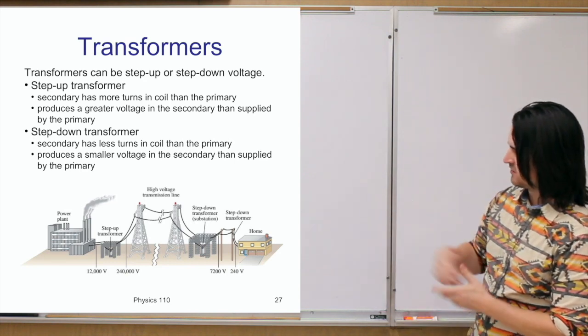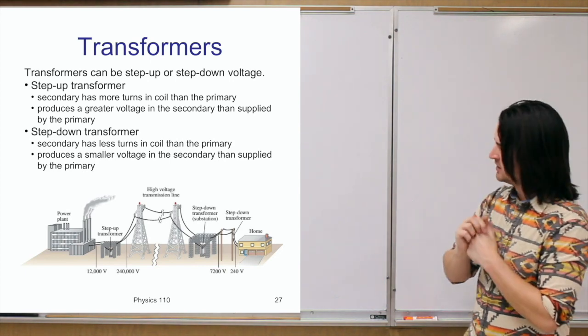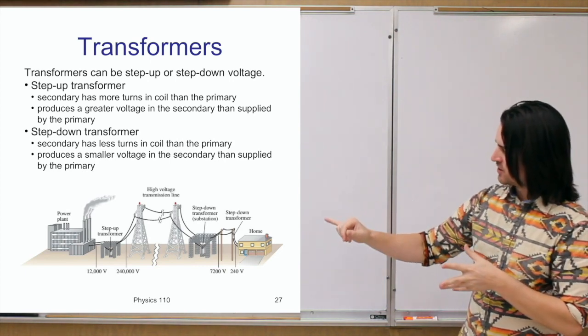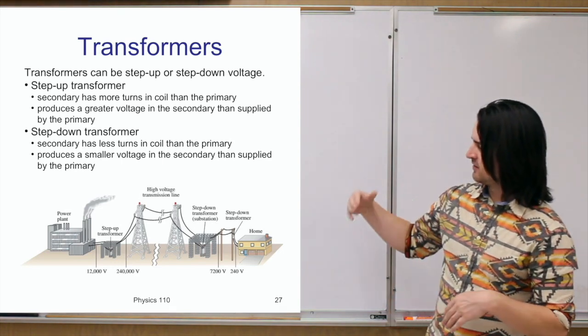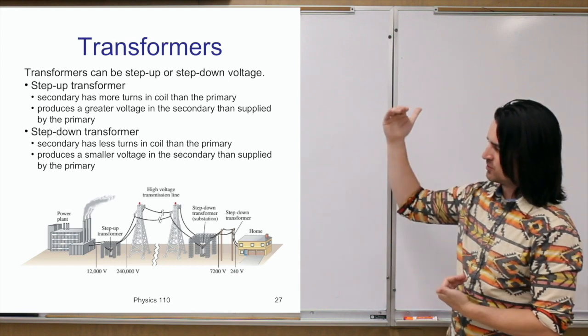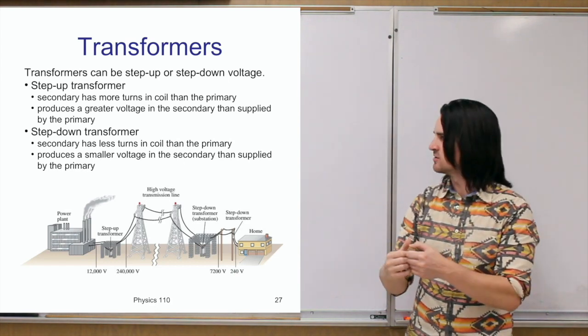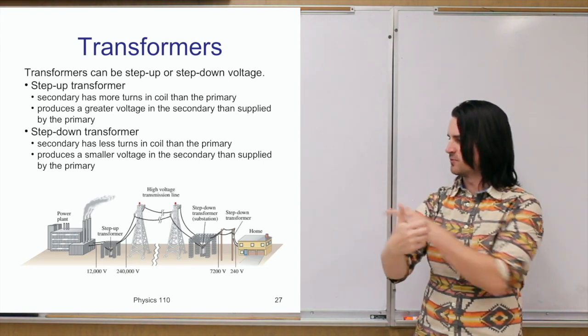And at the bottom here, we just have a nice little picture of all these different places where transformers are used. So the power plant generates power at a certain voltage, say 12,000 volts. You have step-up transformers that then push that voltage up, right? Step-up transformers means there's a primary coil where that current flows in from the power plant.